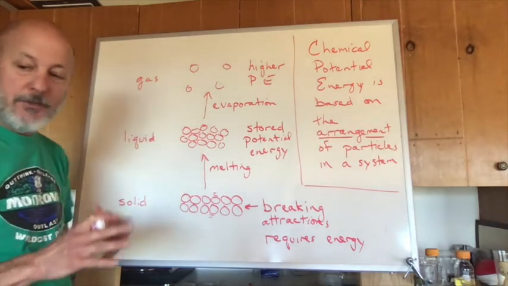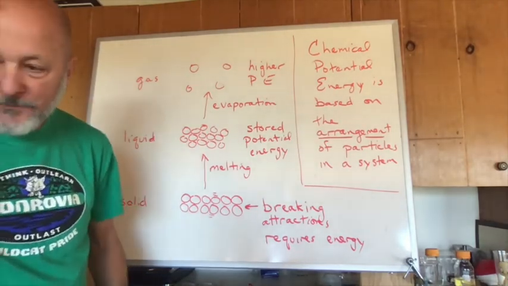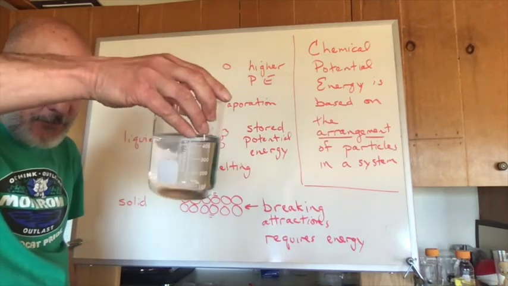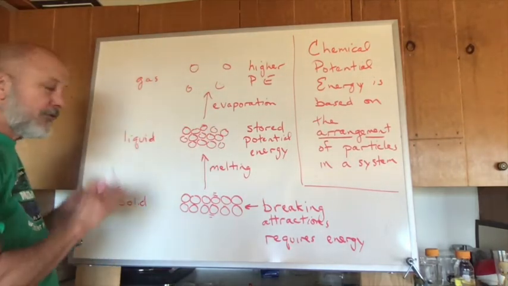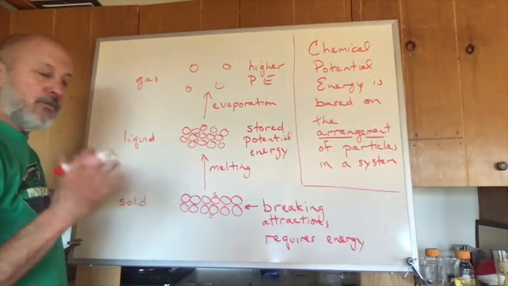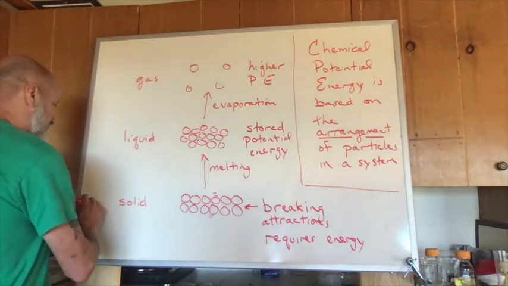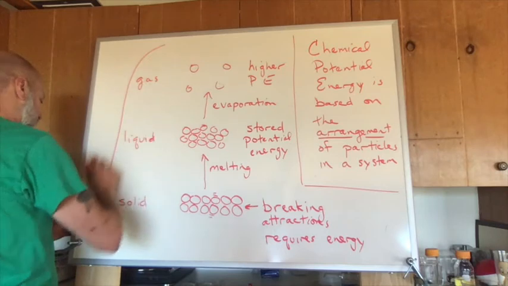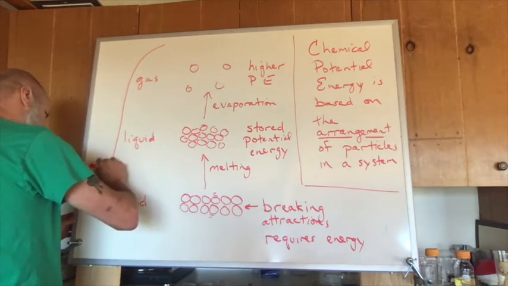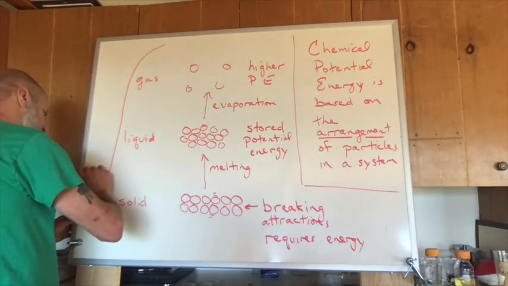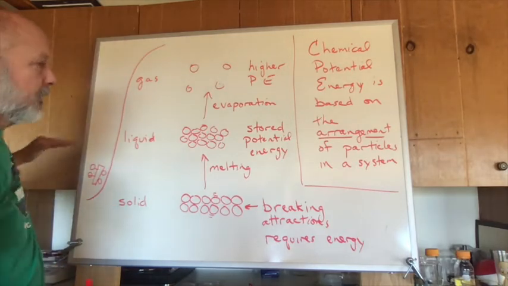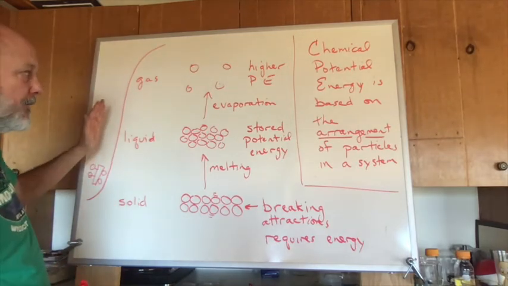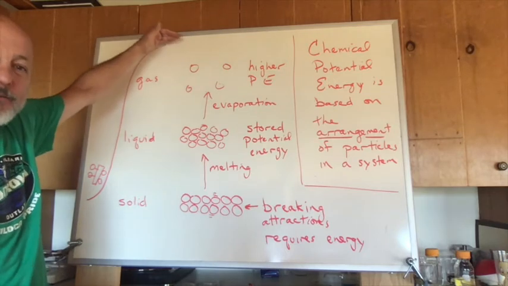The surrounding molecules, like in my ice water, where is the energy coming from to break the ice? It's coming from the water around it. And it's very much like our roller coaster. In our roller coaster example, it was using energy of motion to gain potential energy.